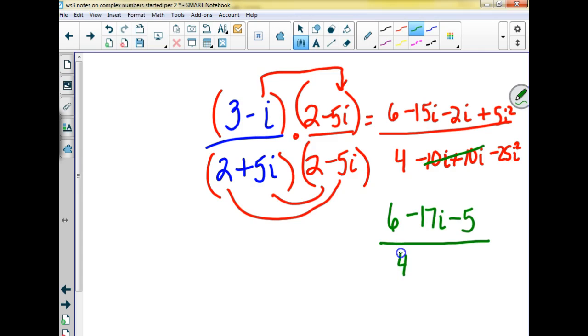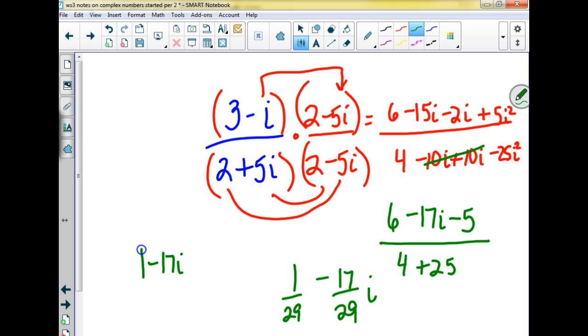We get a 4 plus 25. All right, then I think on the top I have a 1 and a minus 17, right? And on the bottom I have 29. So I could separate it, or I could leave it as 1 minus 17i all over 29. I don't care. Better?